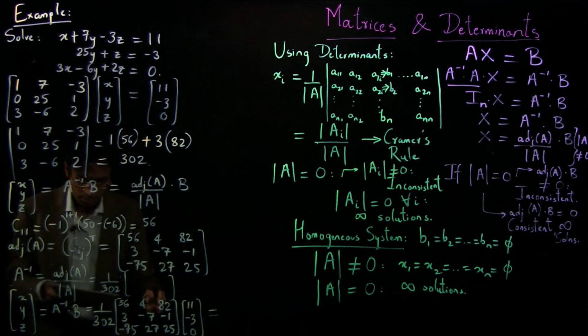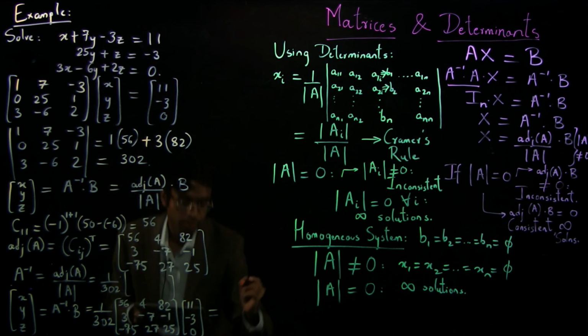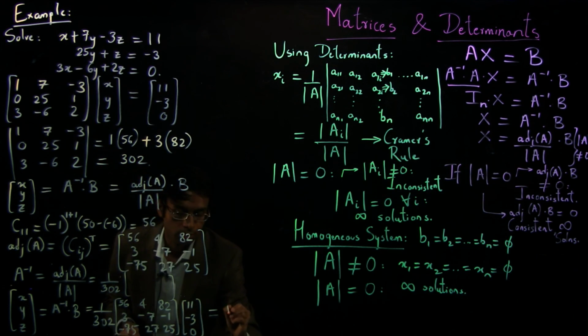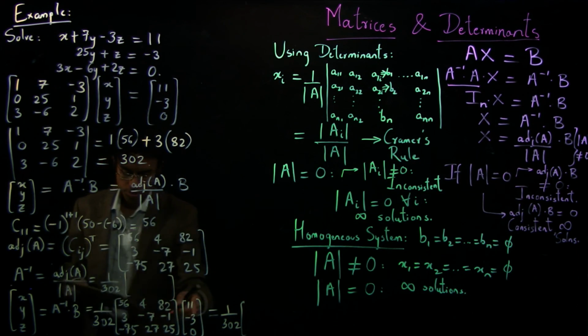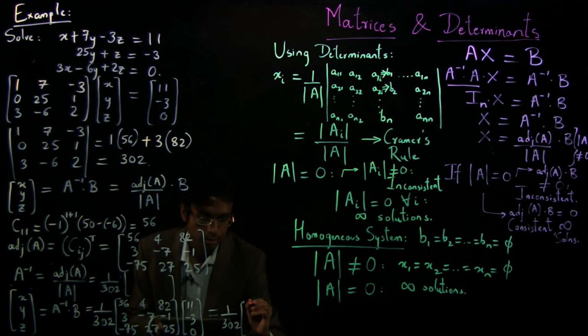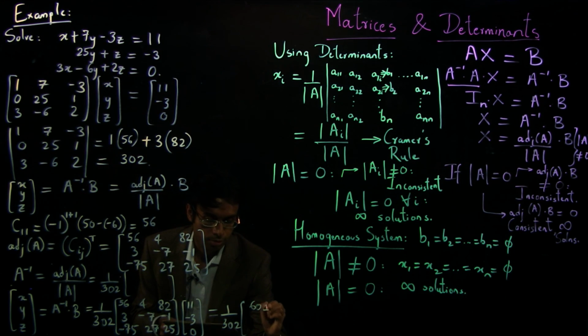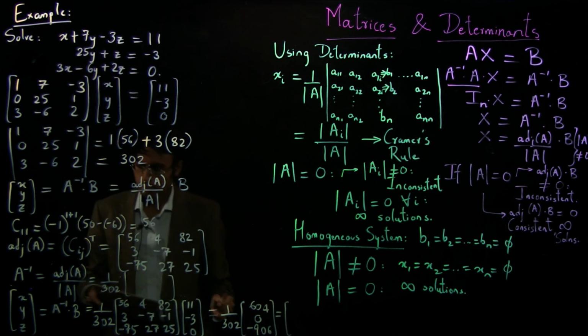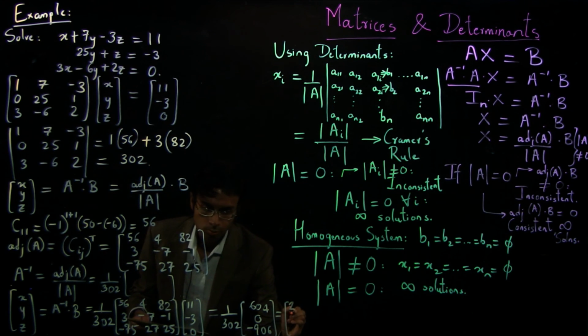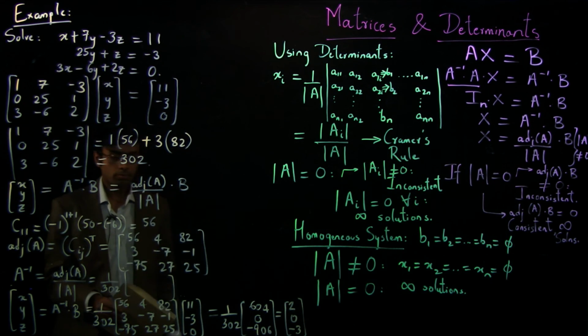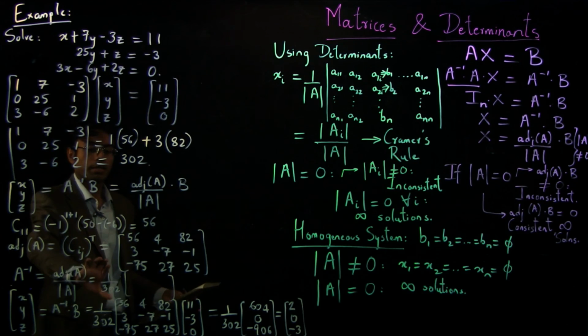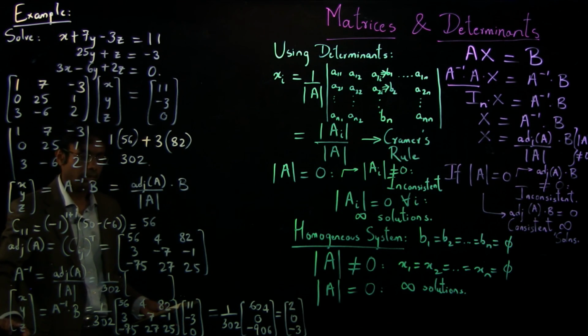You can do this calculation, keeping 1 over 302 outside and first doing the multiplications, and you can show that this works out to be 604, 0, minus 906, which finally gives you x is 2, y is 0, and z is minus 3. So this is one way to find the values of x, y, and z.